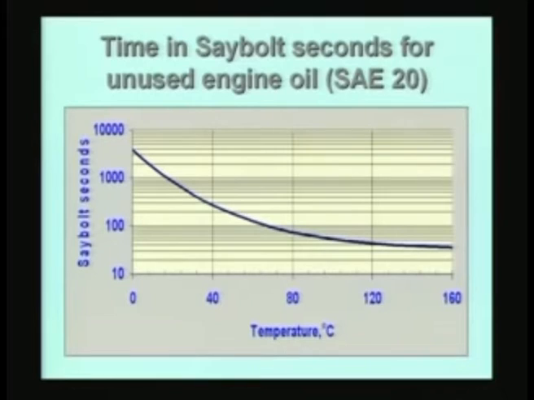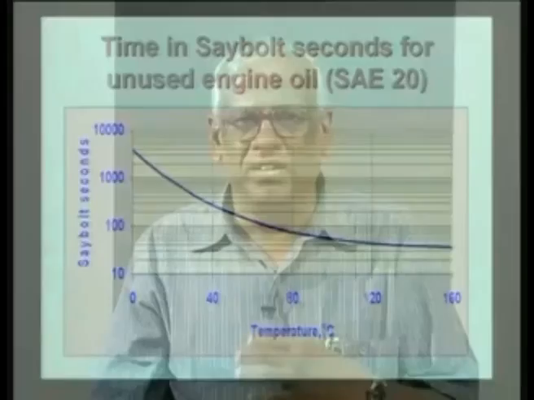What I have done is to make a simple plot showing what would happen if I were to use SAE20 unused engine oil. This is a lubricant of a relatively low viscosity, SAE20, and all I have done is taken the data for engine oil, which is in the form of temperature versus kinematic viscosity, and I have used it in the Seibold viscometer by using a thought experiment, and I want to find out what will be the drainage time which is measured in the experiment if it were performed.